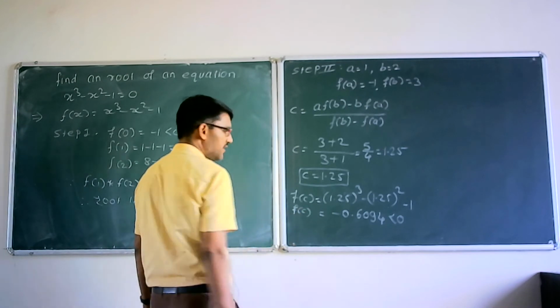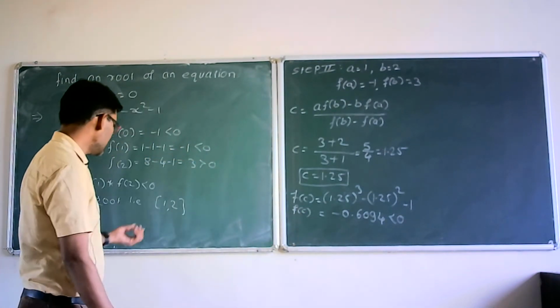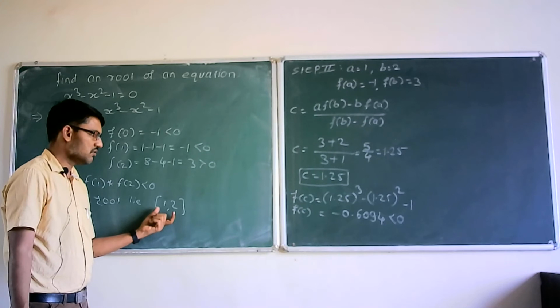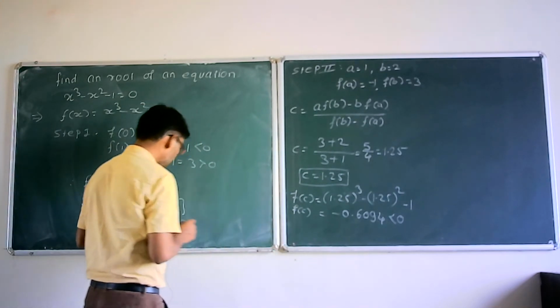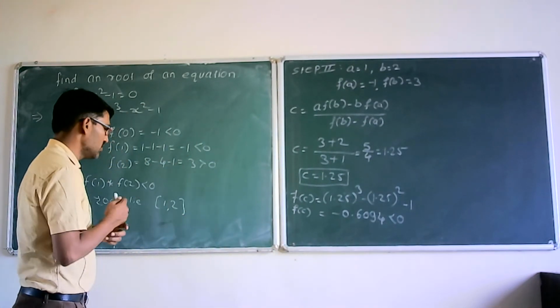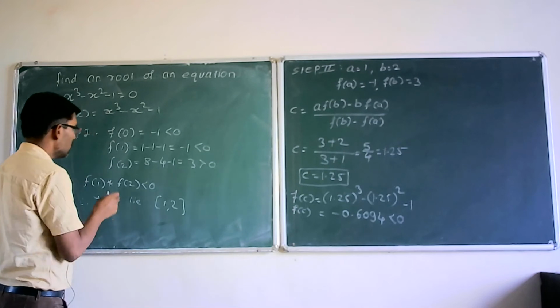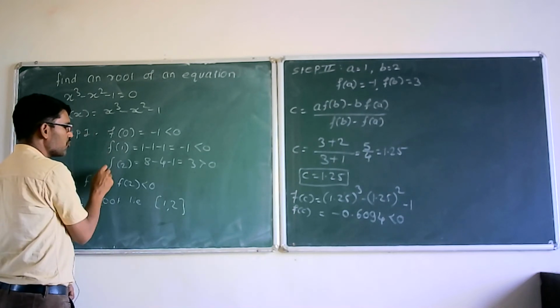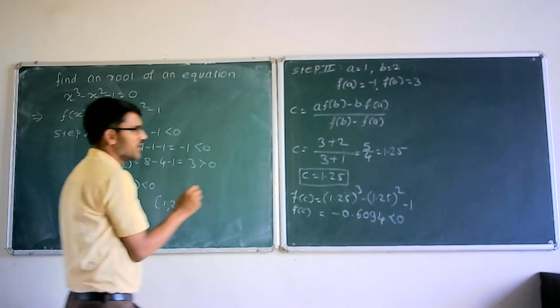Now in the previous interval, that is 1 and 2, since f(c) is negative, we want to take a positive value. f(1) is negative but f(2) is positive. So what is our new interval?